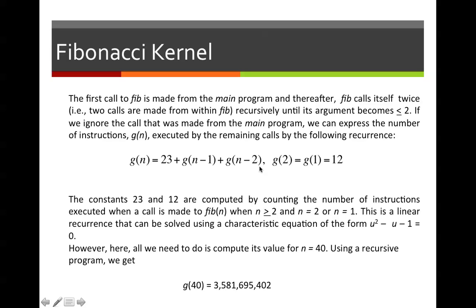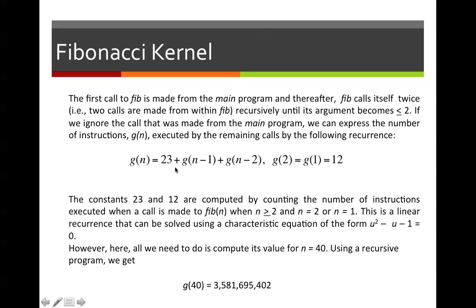So with the constant specified, we have a recurrence, and we can solve this by various methods that exist out there for writing solutions for linear recurrences. But the better solution would be to write a program that actually computes this, and that will be the number of instructions, let's say for 40.